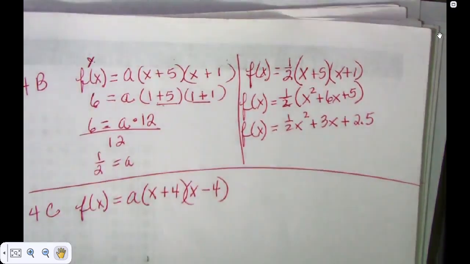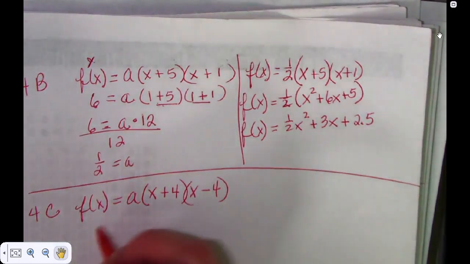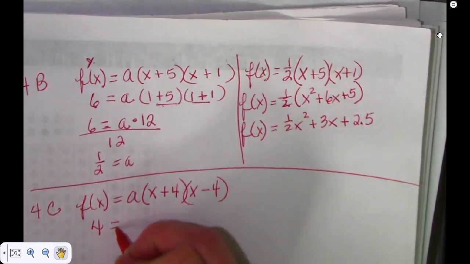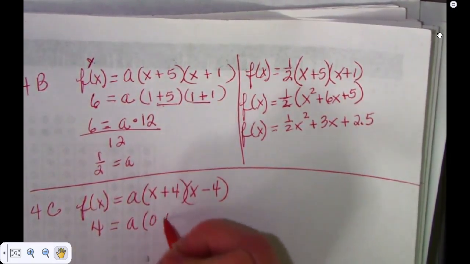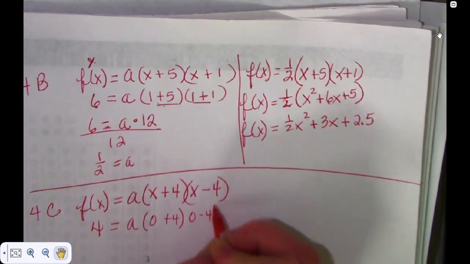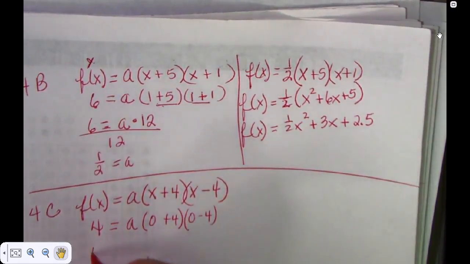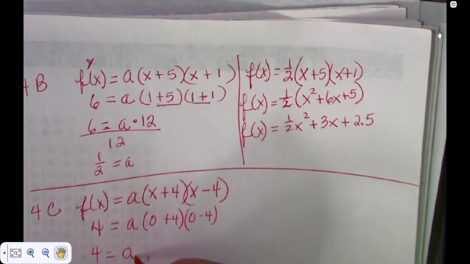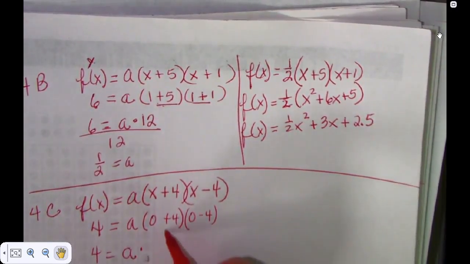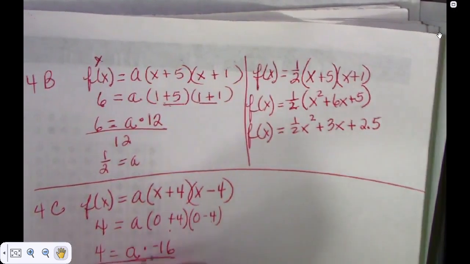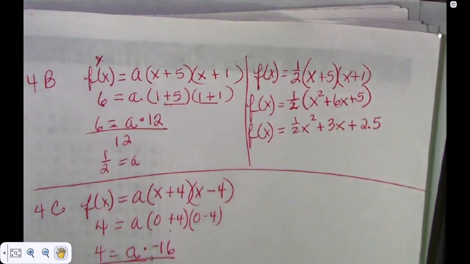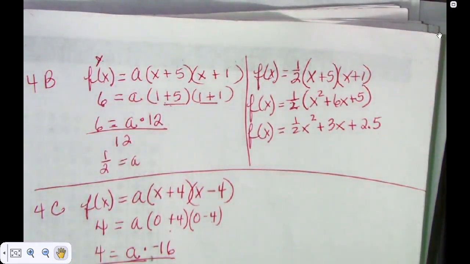So we're going to use 0, 4. So 4 equals A times 0 plus 4, 0 minus 4. So 4 times -4, -16. That's going to be -1/4, huh? Or -0.25. But they're using all fractions, so let's just keep it.